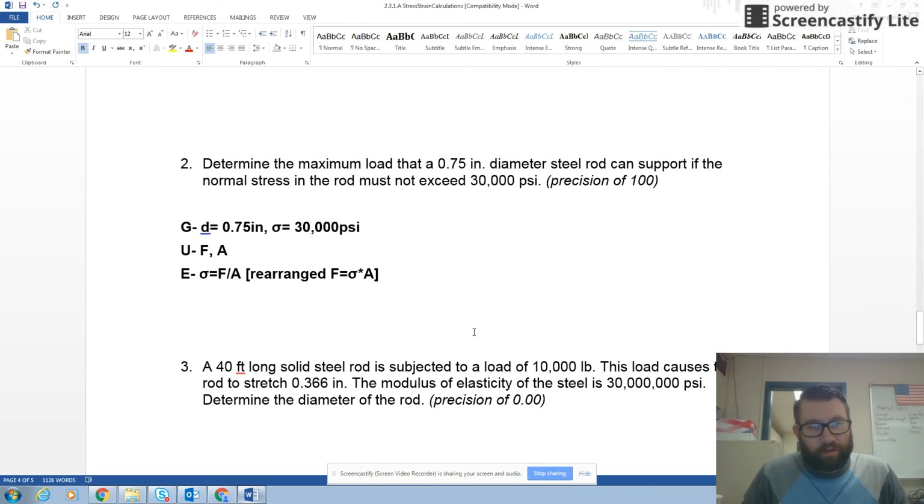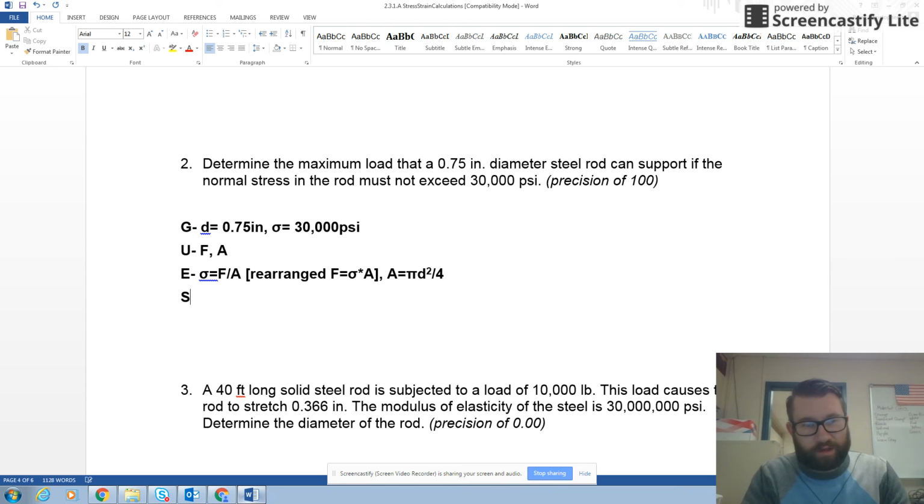I'll put that in brackets just to show you how that gets rearranged. All right, and then your next equation is going to be your area. If it's a diameter, we know we're dealing with a circle. So area of a circle when you have diameter is pi, which is alt 227, d squared, and d squared then divided by 4. So those are my two equations that I'm going to need.